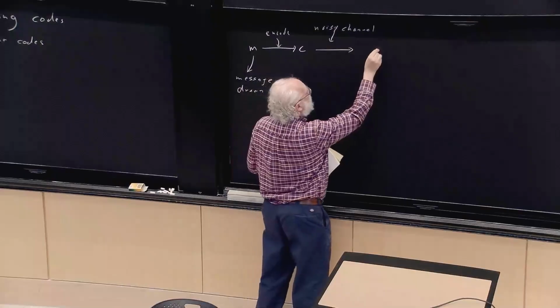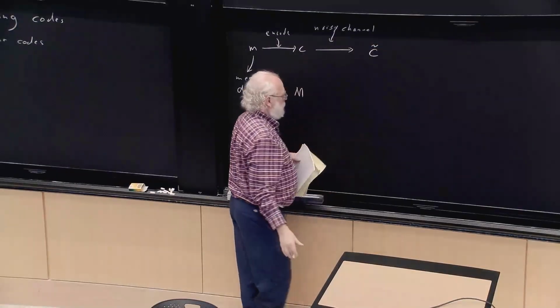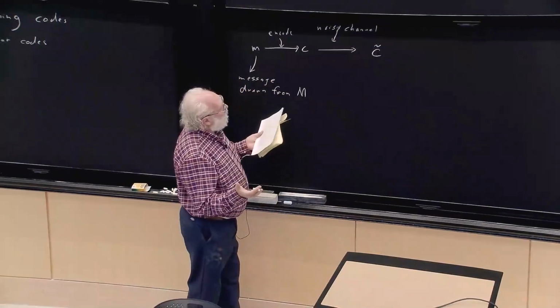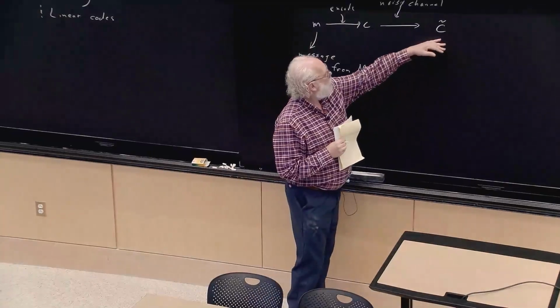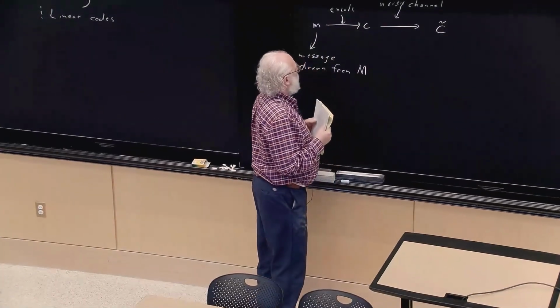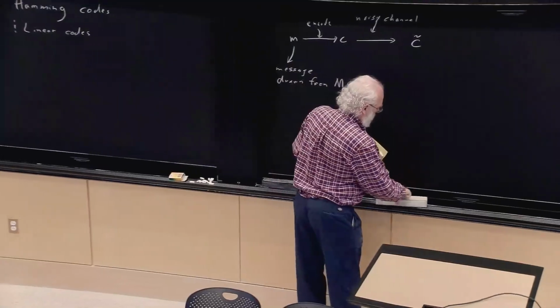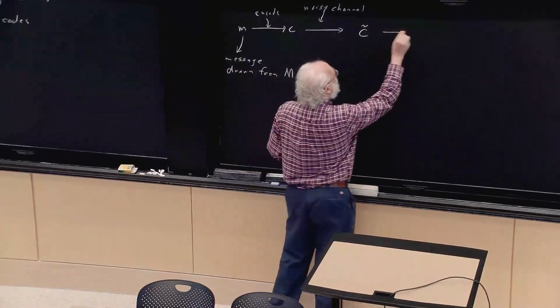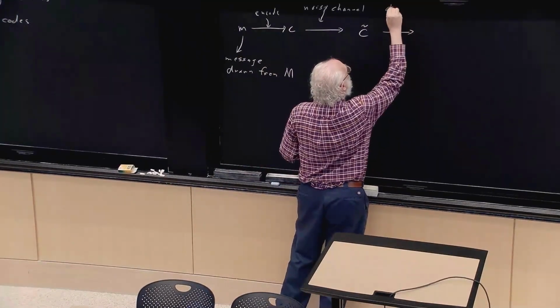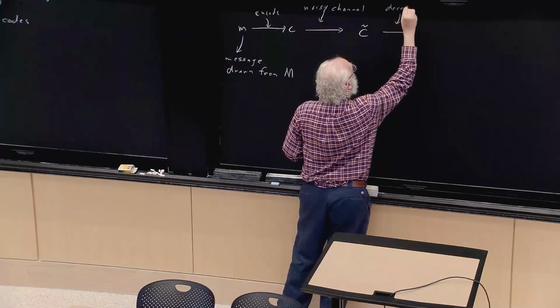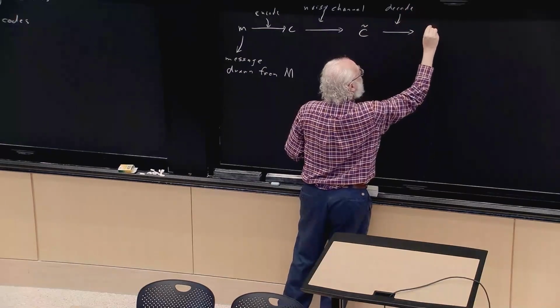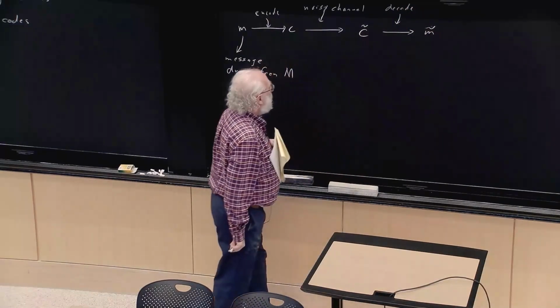And you get C tilde, or you get the received code word, which maybe I should call C tilde. And now you decode, and you get something which I'll call M tilde.